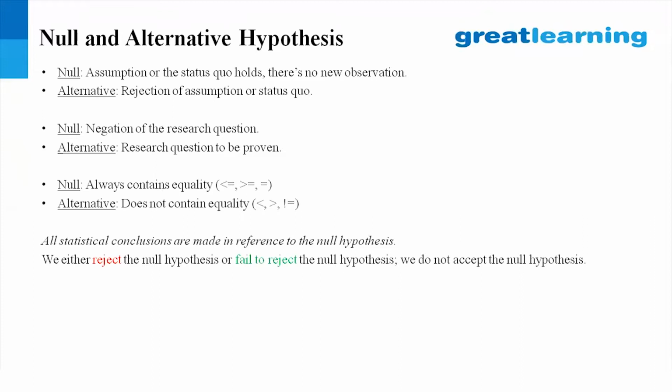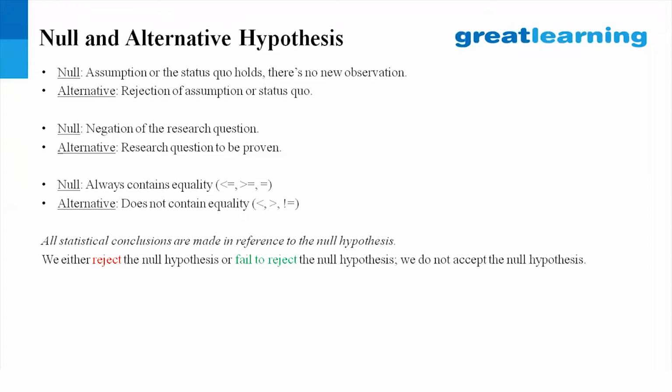So this terminology is important. If you cannot prove what you are mentioning with the null hypothesis, then say that you have rejected the null hypothesis. But if you're able to prove what you've written with the null hypothesis, then you say that you fail to reject it.